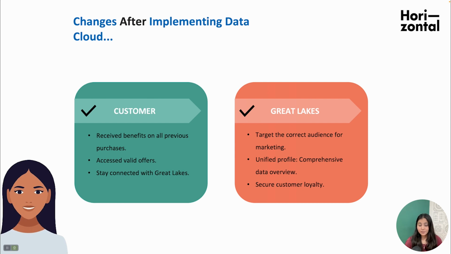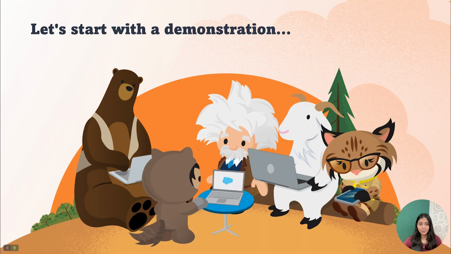They have a platform where they can have a comprehensive 360-degree view of their customer data, and this will definitely secure their loyal customers like Millie. Now let's move towards the demonstration part to see how this built functionality looks.